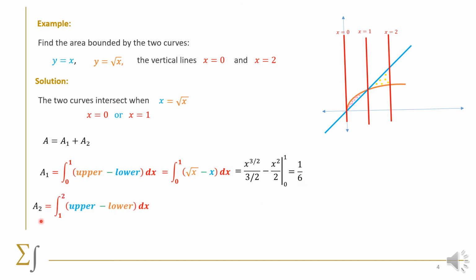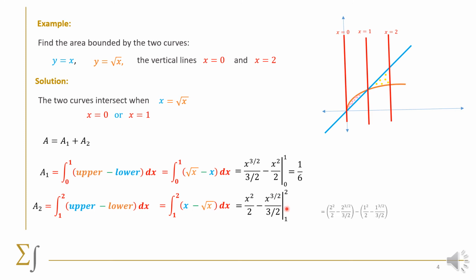Next, we find area 2. Area 2 is the integral from 1 to 2 upper minus lower, integration being performed over x. So here we have the integral from 1 to 2. Upper is the straight line x, lower is the root x, and we perform integration term by term so that we get x squared over 2 minus x power 3 over 2 over 3 over 2, and the limits of integration are 1 and 2.